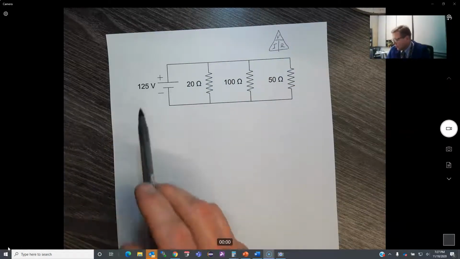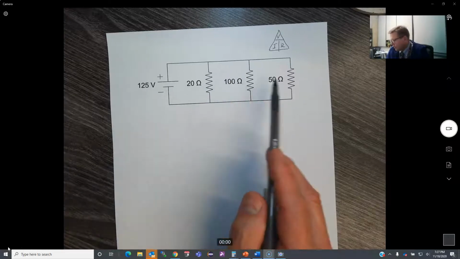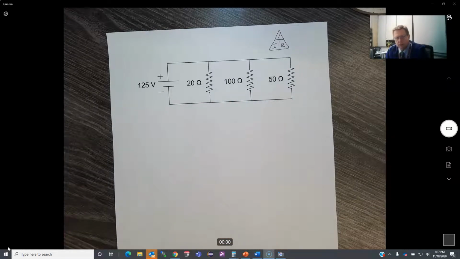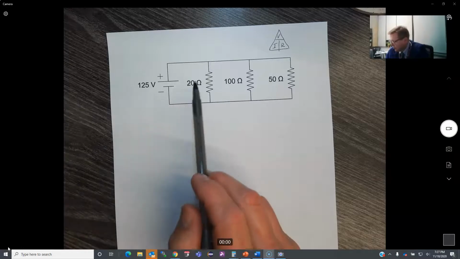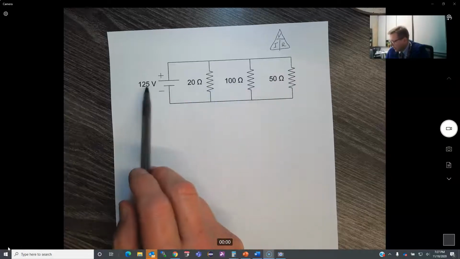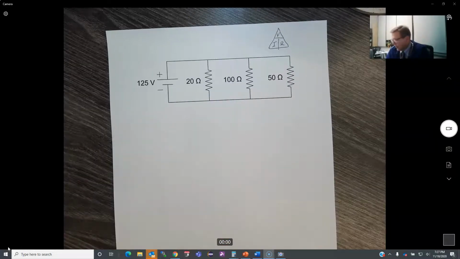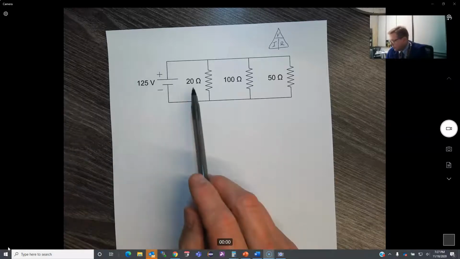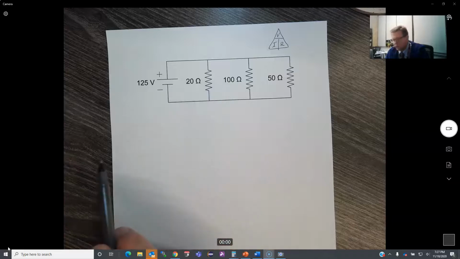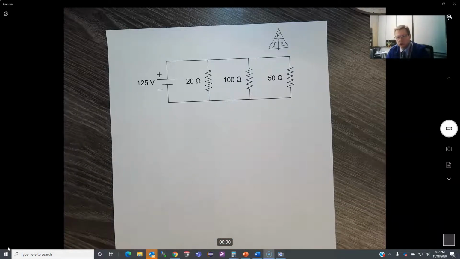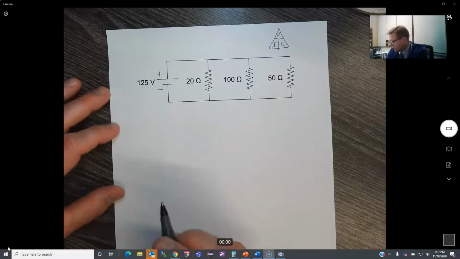In a parallel circuit, I know that the voltage stays the same across the whole system. But the current is different at each location, and they must add up to make the total current. And then last but not least, the resistors don't add up. You have to do the reciprocal of the sum of the reciprocals to get the total resistance. Right? So that's a little bit different on us there.